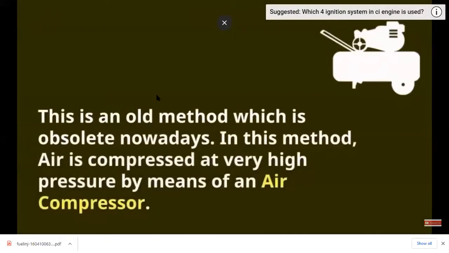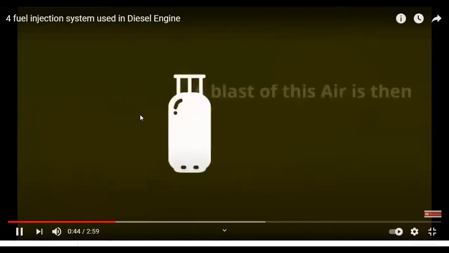Air blast injection means air injection system in which compressed air is used to inject the fuel.